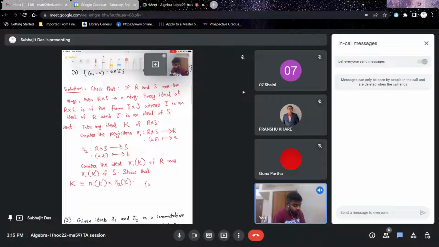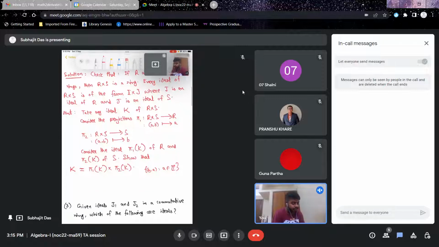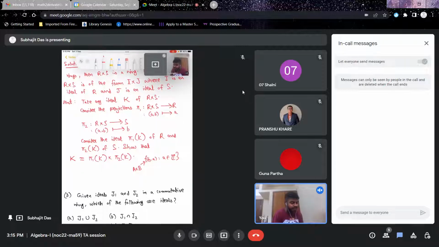Say you take this set (a, a) where a is in Z. Assume that it is of the form A cross B. Then certainly this means that every a in Z is in A, that is, A has to be Z and B has to be Z. Which means in particular, for example, say (1, 2) also belongs to this, but (1, 2) clearly doesn't belong to this set, so it cannot be written as a product.